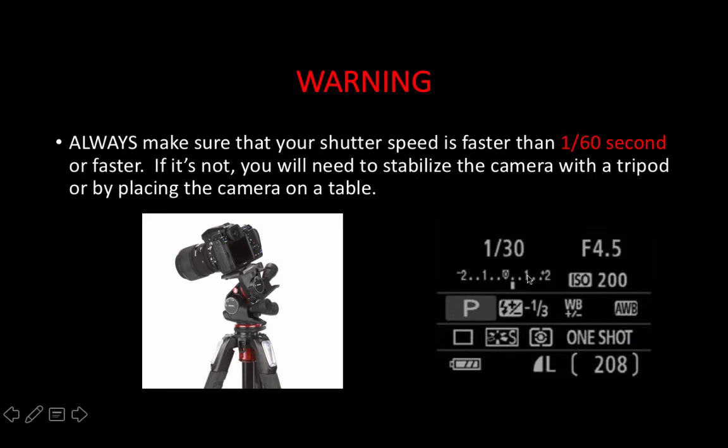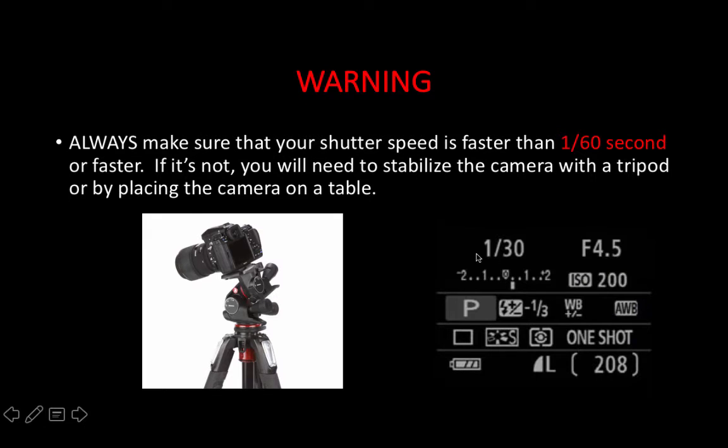You need to look at what your shutter speed is. So right now I'm circling over this 1/30. That represents 1/30th of a second. So a person taking a photo wanted an f-stop of 4.5. The camera chose a shutter speed of 1/30th.